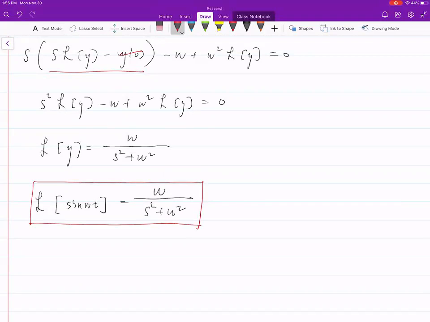Which is way better than integration by parts twice and handling infinities. Sounds good?